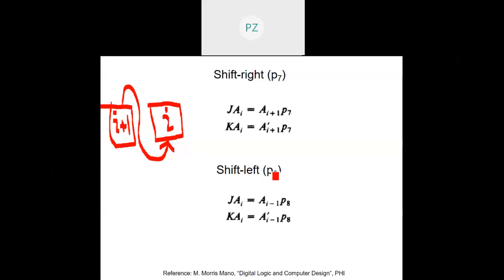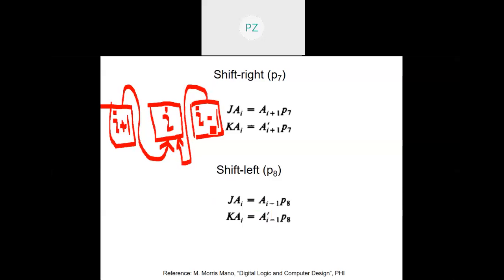Now shifting left, P8, the similar thing will happen, but with A_{i-1}. Suppose this is A_{i-1}, so the data has to come from here in shifting left and it has to go to i, right?